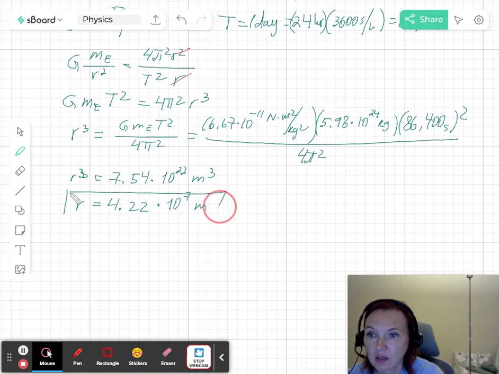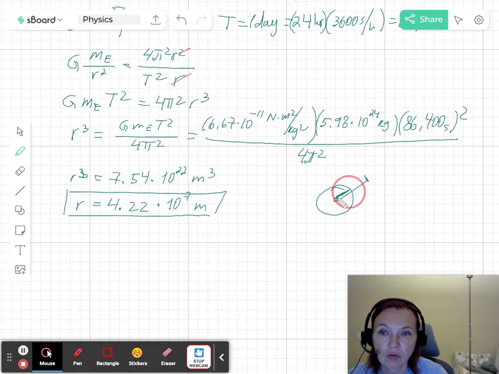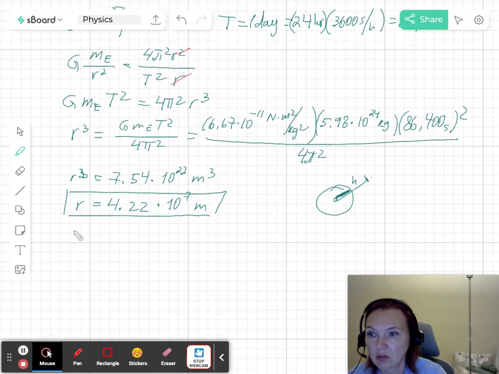So that is the radius, but remember, that is the distance from the center of the Earth to the satellite. We need to subtract, because the question was how high is the satellite above the Earth. So we need to now subtract from this number the radius of the Earth, 6,380 kilometers.